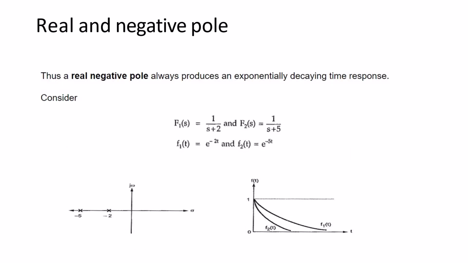Suppose we have two negative poles located in the left half plane, one at -2, another at -5. Then the response looks like this: this is e to the power minus 5t, and this is e to the power minus 2t. As a increases, meaning the pole is more negative, the decay is faster.